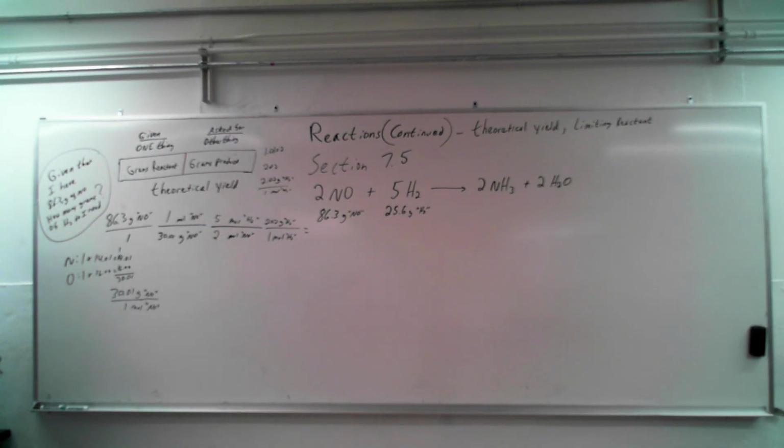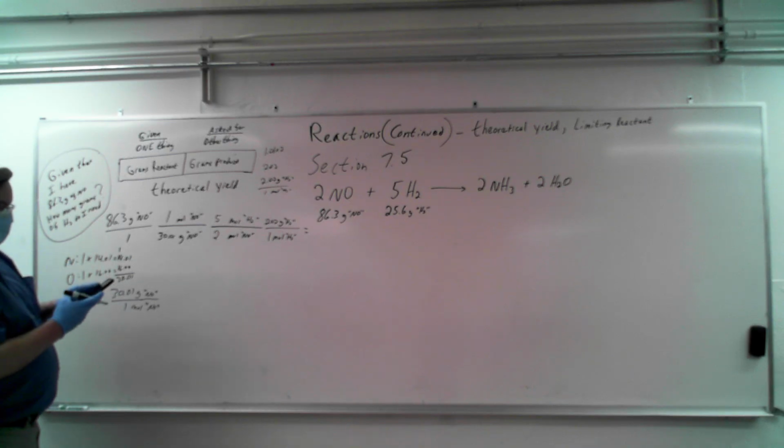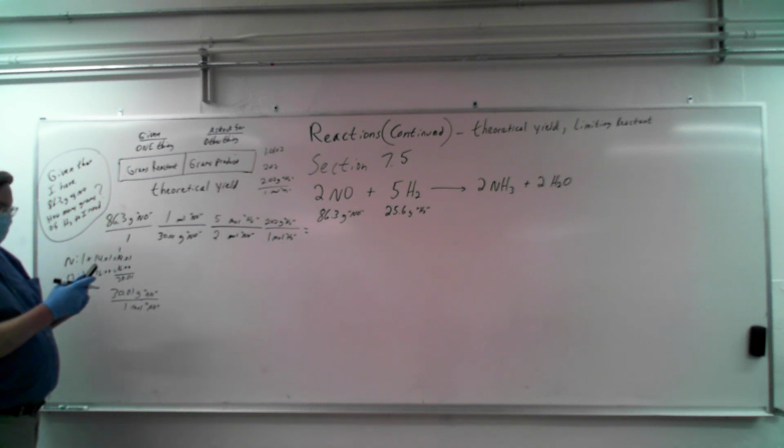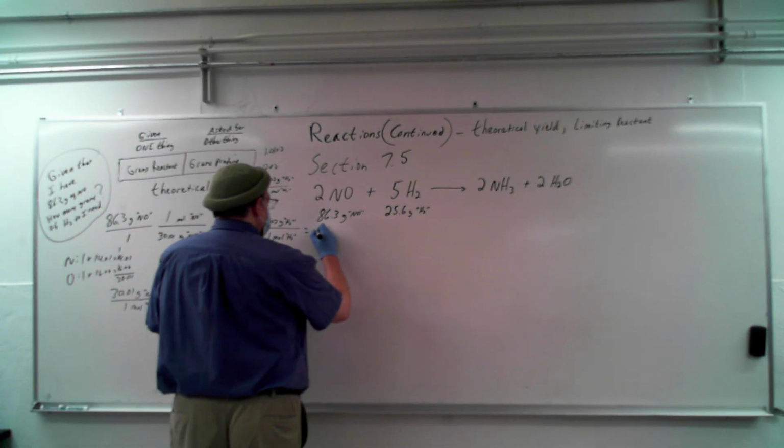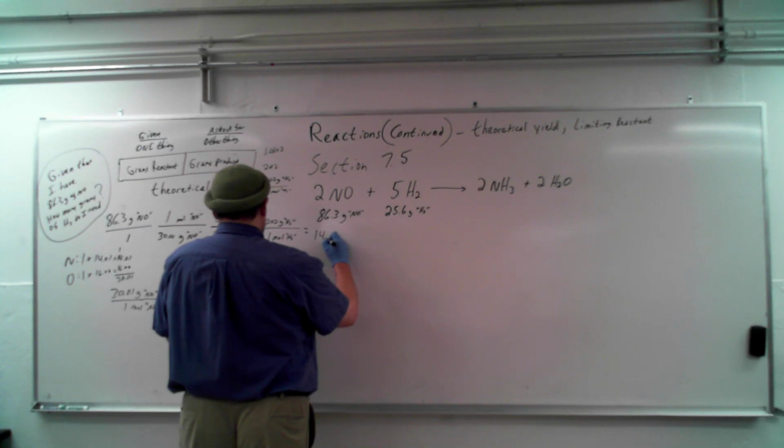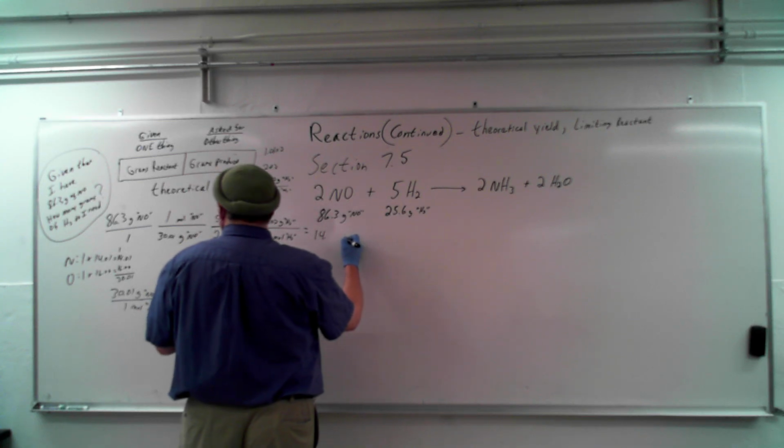If you go through all of this, 86.3 times 5 times 2.02 divided by 30.01 divided by 2, I get, I guess I'll do the significant figures, which will be 3.